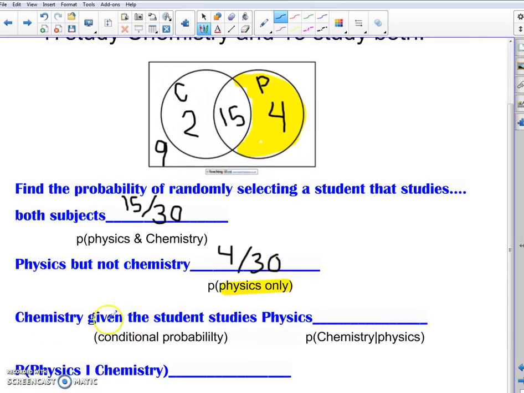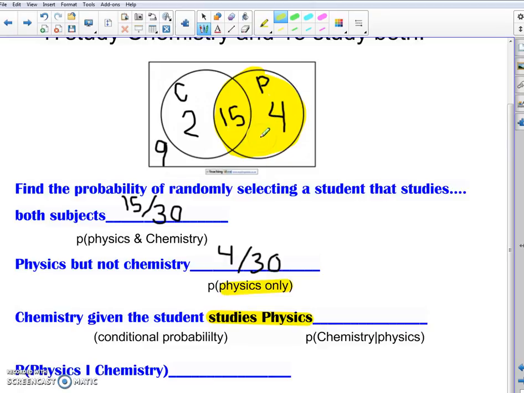The next question is chemistry, given that the student studies physics. That's a conditional statement. So now I'm going to highlight the rest of the circle. What this is saying is I really only care about the students that study physics. So let's take a look at the entire physics circle now. Right? That's my sample population that I'm looking at, is physics. So my new total is going to be 19.